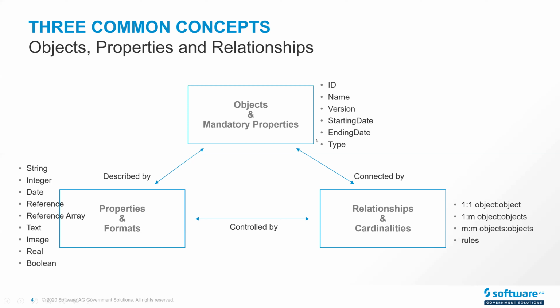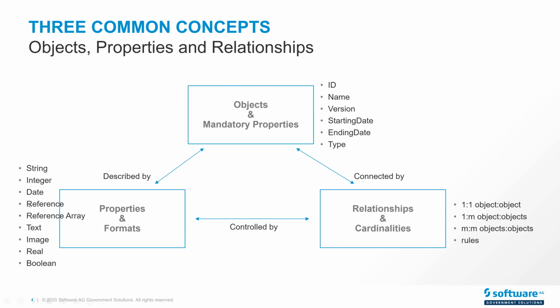But these are just the simple mandatory properties that must be provided when you initially load these objects. And then the objects are described by properties and their formats. Now your EA tool should have support for a wide variety of properties and formats. They could be strings, they could be integers, they could be dates, and that date format will be important a little bit later on as we see.